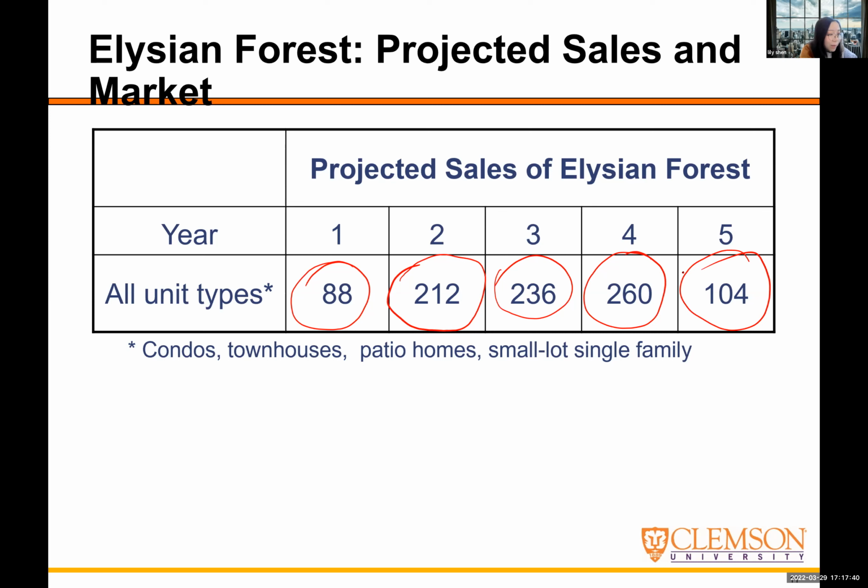You see that the development they're trying to do is kind of a projected curve, right? It starts smaller, it goes up, up, up, and then in the last phase, they say, hey, maybe it's very popular, but we only have the capacity to do 104. Let's only do 104 in the last year.